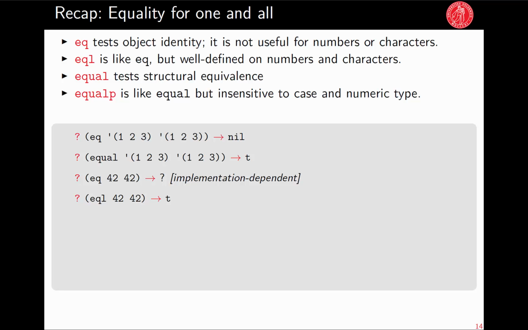If you use EQL to compare two numbers, on the other hand, like in this case, 42 and 42, we're guaranteed to get true. EQL is well defined for numerical values, but it does not take into account numeric type. So if you want to disregard numeric type, we use EqualP instead.